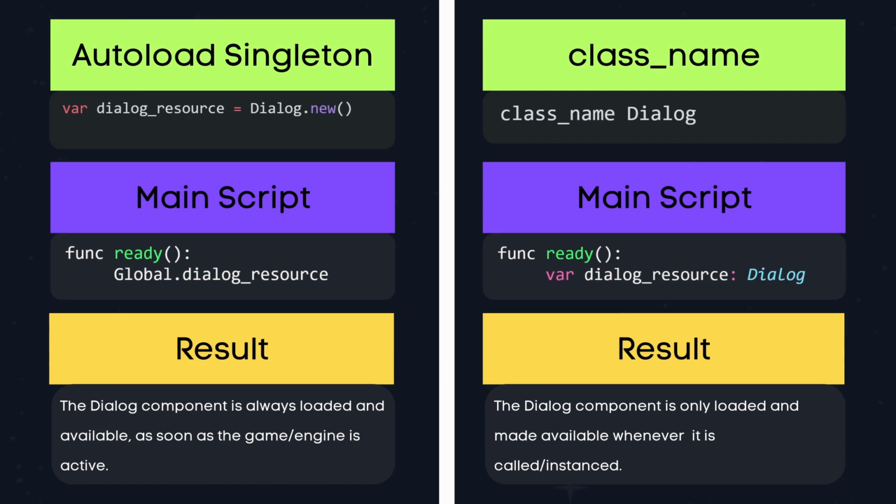An autoload singleton is always loaded and available everywhere as soon as the game or editor starts up, but a global class is only loaded or made available when it is instanced or referenced in another script or scene.